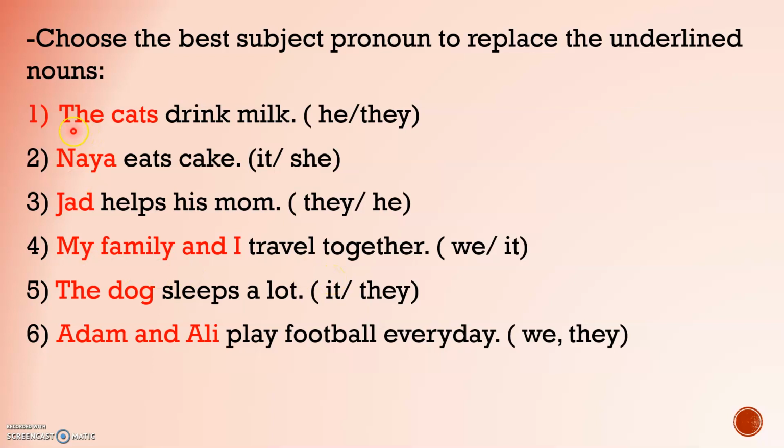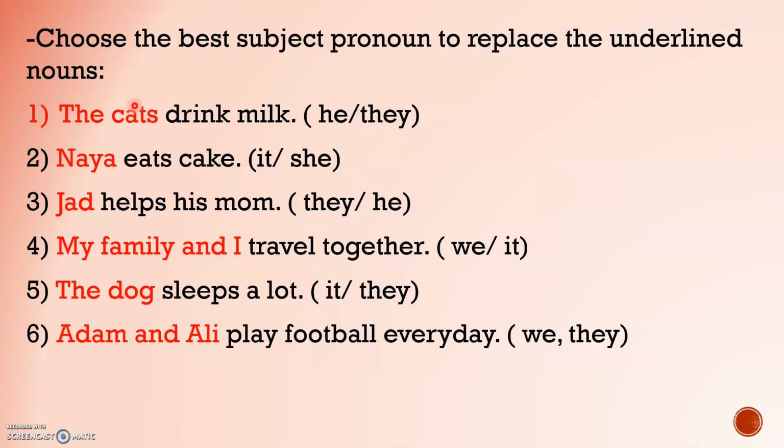But let's take a look at this sentence. The cats drink milk. Do we have only one cat or more than one cat? We're talking about more than one cat. So when we have a plural subject for animals and things, for example, we don't say it drinks milk. No, because we have a plural subject, so we're going to use they, because we're talking about a group, مجموعة, and I have nothing to do with them.